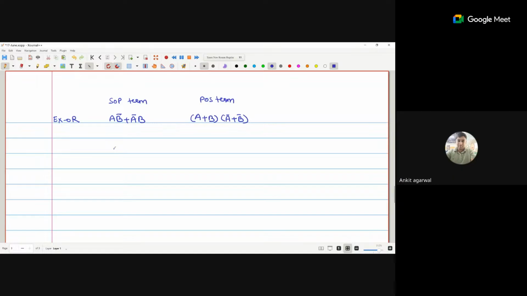Whereas the complement of the SOP term is what? A plus B bar and A bar plus B. So both are not equal.